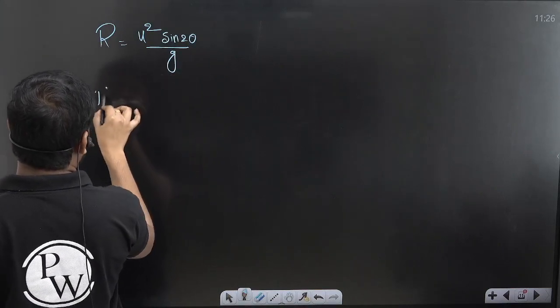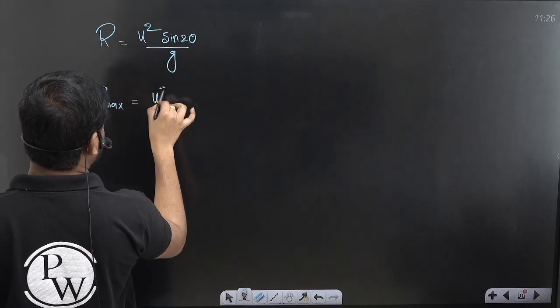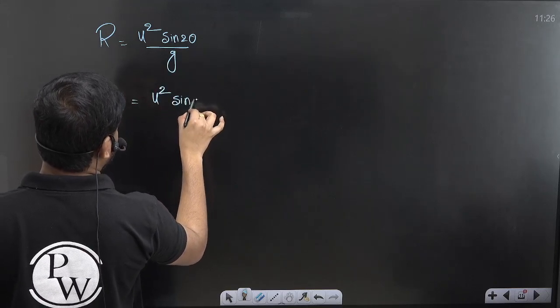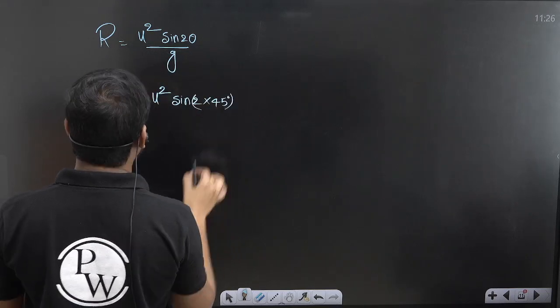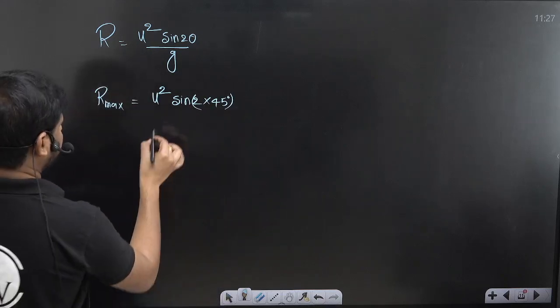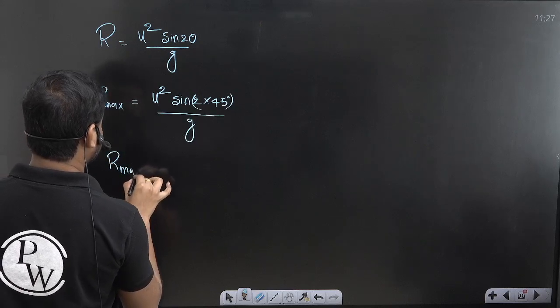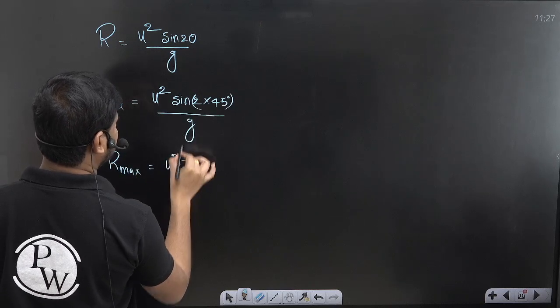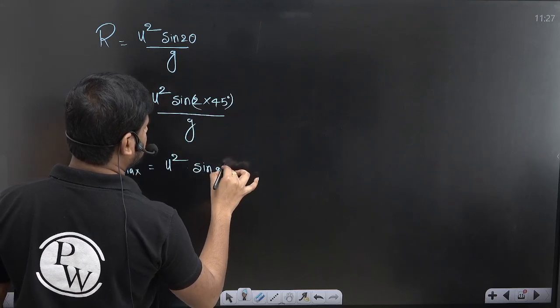So now R max is equal to u square sine 2 theta. In place of theta, what should we write? 45 degrees, because the maximum range occurs for 45 degrees. Yes or no? So by g. So R max is equal to u square sine 90 degrees. So sine 90 is nothing but 1. Yes or no?